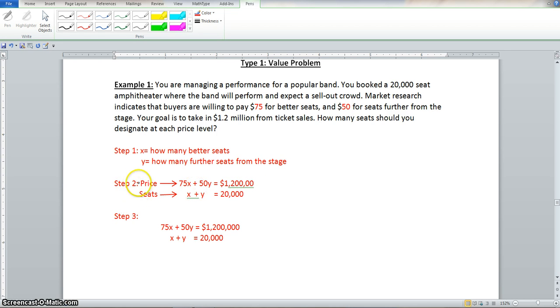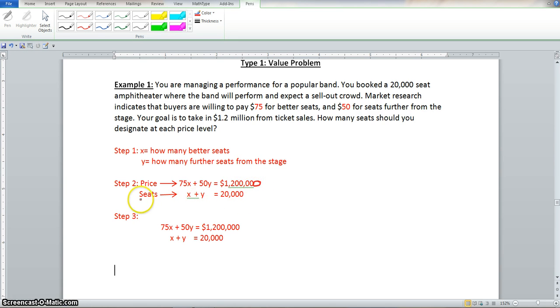Now, we want to put this together in step 2, write these in the equation. So we know the price of the better tickets is $75. The price of the tickets that are further from the stage is $50. And when we add these two ticket prices together with the amount of tickets sold, we want to earn 1,200,000. I forgot a zero here.